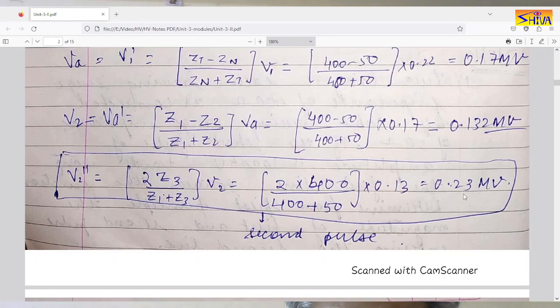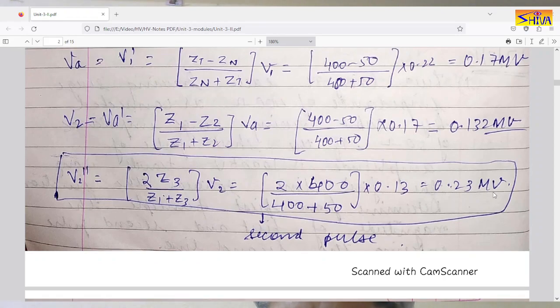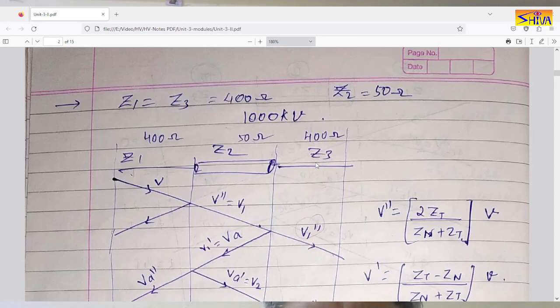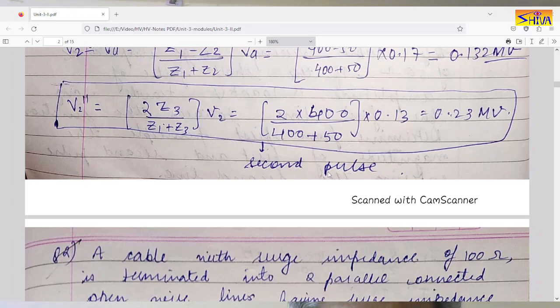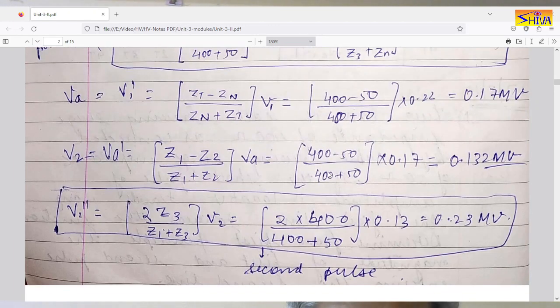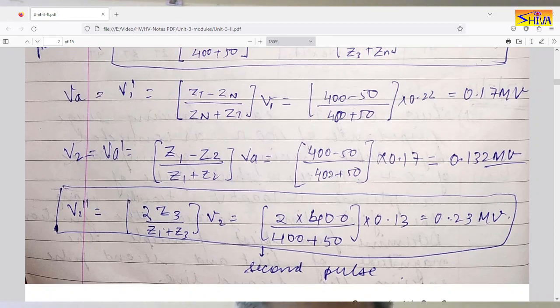So this is 0.23 megavolt. So this is the second pulse entering the second line, having surge impedance Z3. So in this way we compute the reflected and transmitted waves due to multiple reflections.